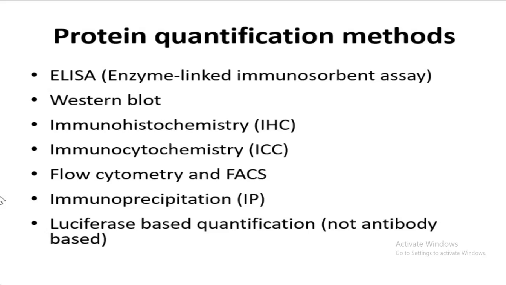It can also be used for immunohistochemistry, immunocytochemistry. It can be used to quantify targets in flow cytometry. It can also be used for immunoprecipitation. And of course, luciferase-based quantification of proteins is also another approach that can be used, but that doesn't involve immunobioassays.